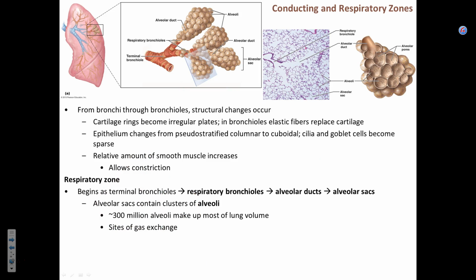Now, as bronchi become smaller and smaller and smaller, not only does cartilage go away and connective tissue replace the cartilage, but also the epithelium goes from pseudostratified columnar to cuboidal.